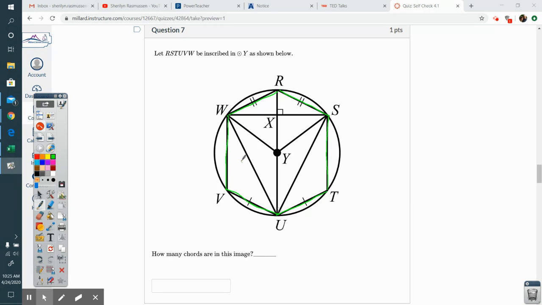Now this touches the circle in two spots, so that makes 7. This does, 8. From here to here, it does, 9. And this looks like a diameter, so that also does, 10. And I'm looking at the third circle for any spots, and there are no other options. So there are 10 chords in that particular image.